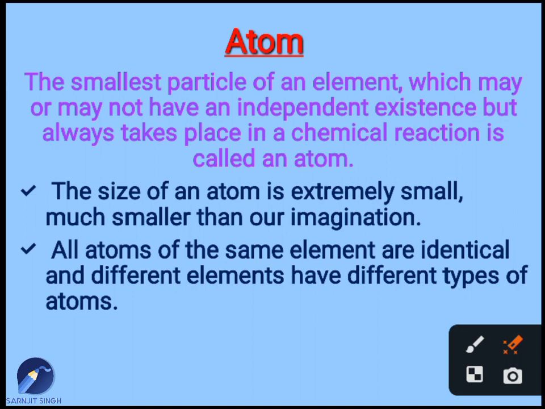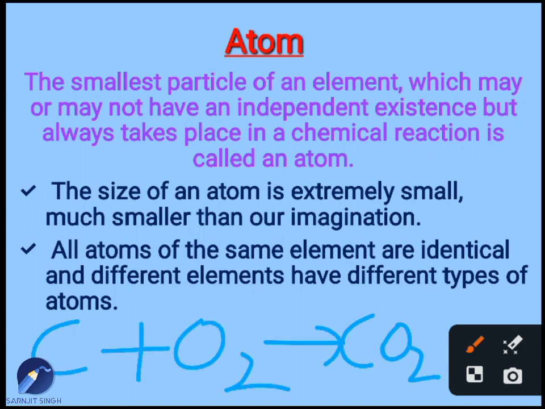But these atoms always take part in the chemical reaction. For example, carbon plus oxygen gives CO2. When carbon is heated in the presence of oxygen gas, carbon dioxide gas is formed. So this is the chemical reaction.